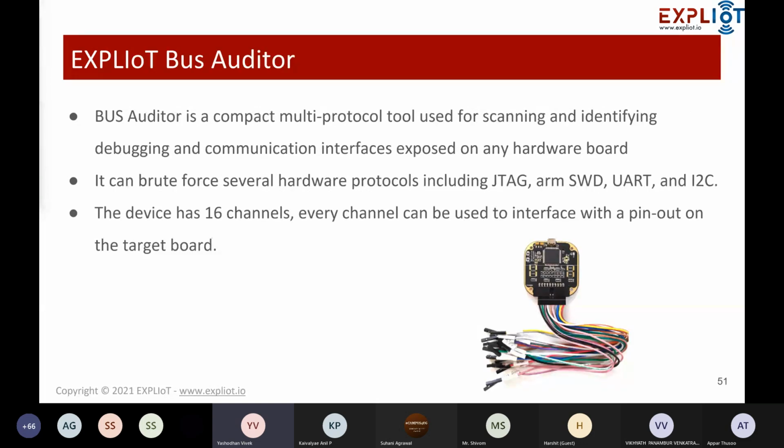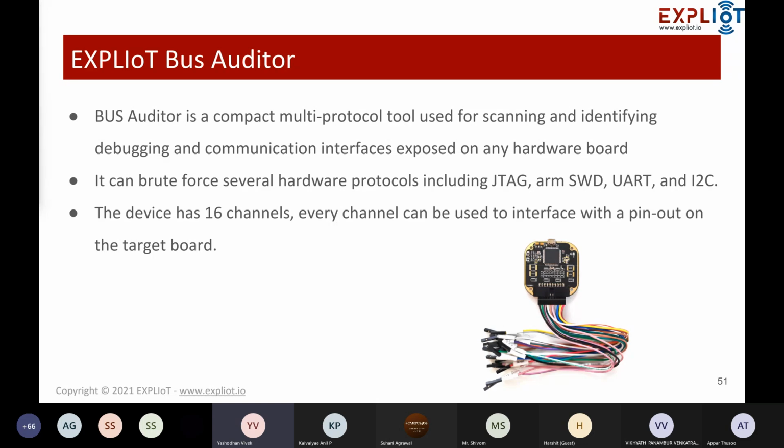Another tool is basically used for the automated method. Just before going into the manual method, let me discuss the tools, and then we'll go to the actual methods and how they work. Another challenge, as I've spoken about, is finding the pins. Which pin is doing what? So we again have a product called the XClarity Bus Auditor, where, as you can see in the figure, a number of pins come out, and you can connect these pins to the debug headers and power it up.